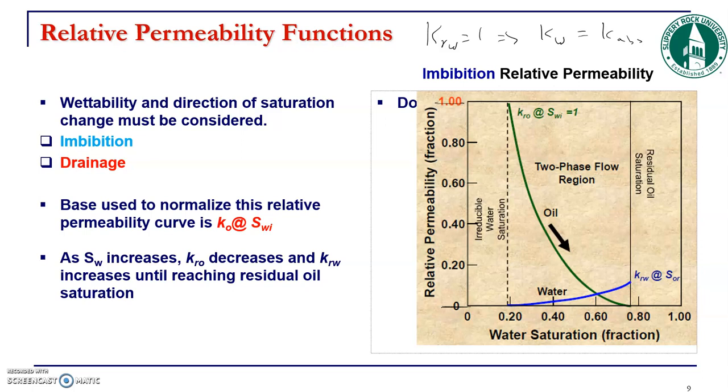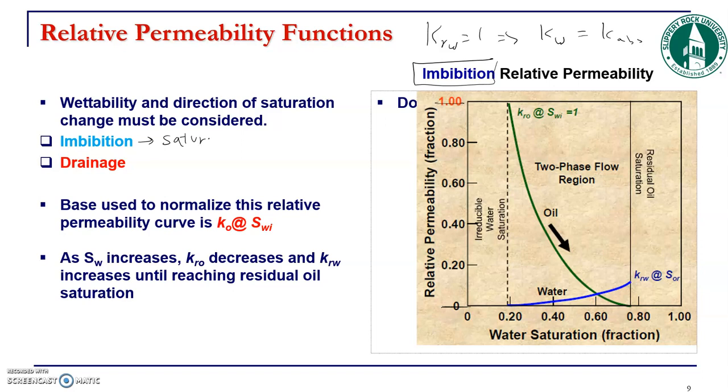So first you see that there is a term called imbibition, on the top of this curve, right? Remember, we defined imbibition to be a process in which the saturation of the wetting phase increases as the process goes on.